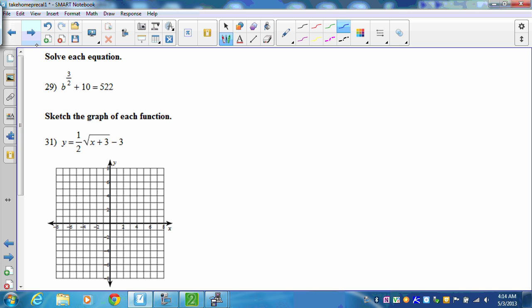Okay, so 29 is kind of taking the last problem just a little bit tougher. So we're trying to solve for b, so of course we're going to subtract 10, take away 10 from 522 and you get 512, and then you have b to the 3/2 power.